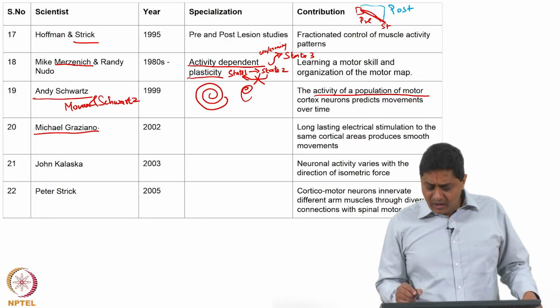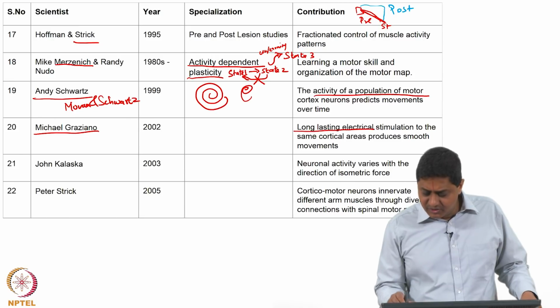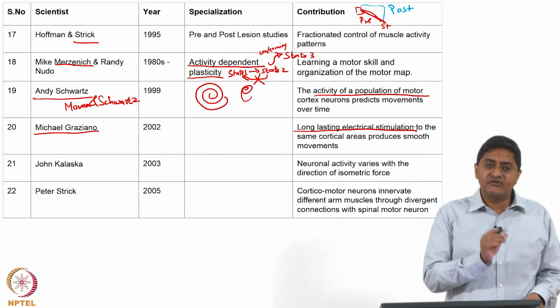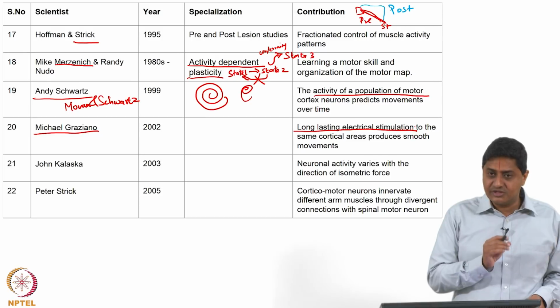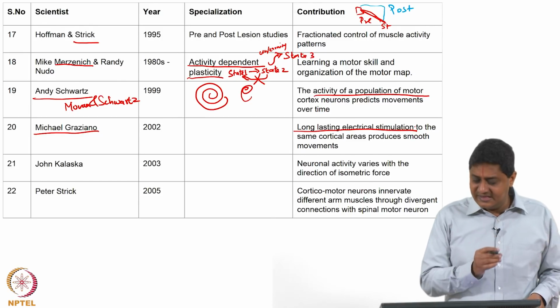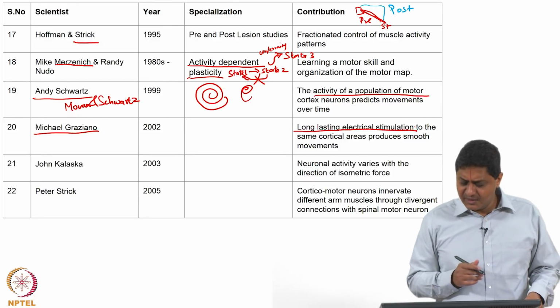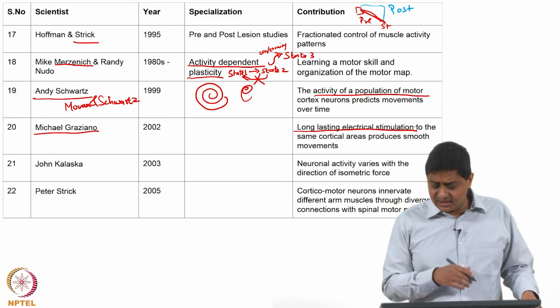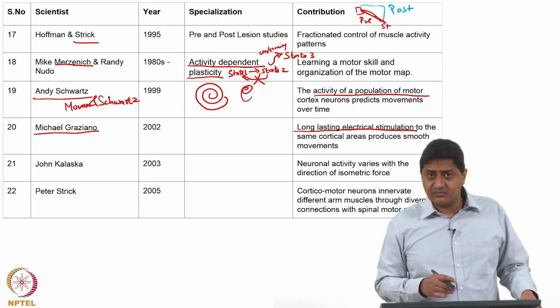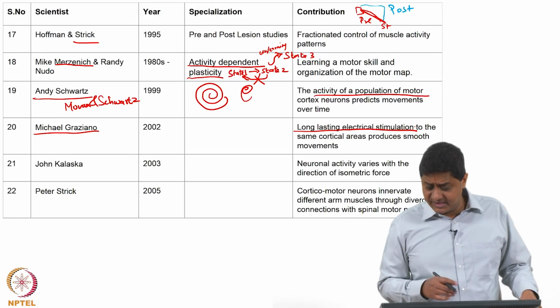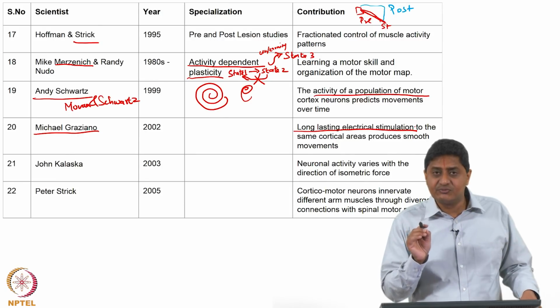So, what was found? Long lasting electrical stimulation, very different from other classical neurostimulation methods. A few milliseconds was the time that is used in classical methods. In this case, long lasting electrical stimulation, several hundreds of milliseconds, produces well coordinated smooth movements.